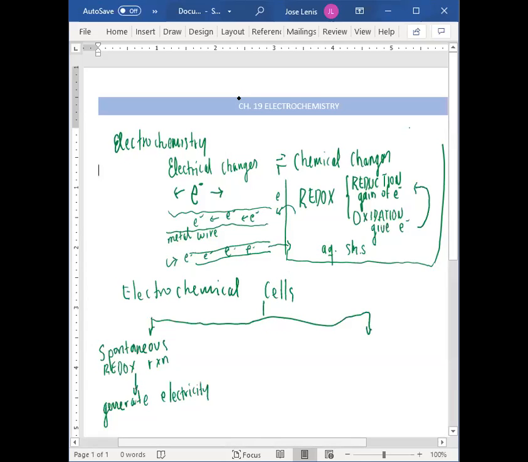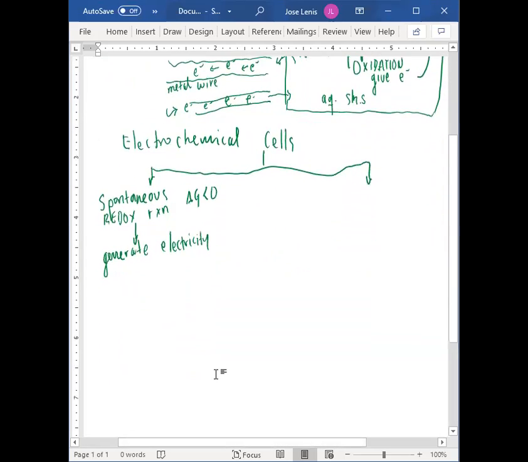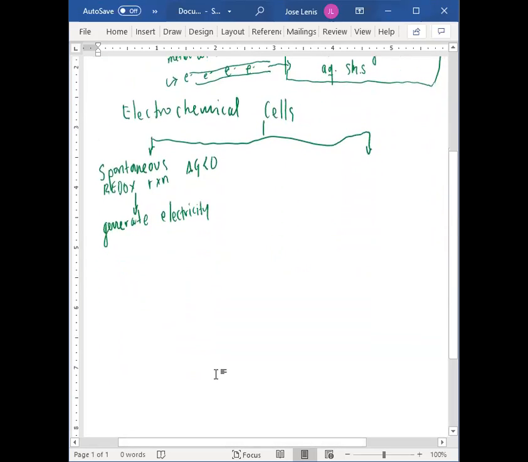And what is a spontaneous reaction? A spontaneous reaction, as we just described, is one that has negative delta G, negative free energy. This type of cells are called voltaic cells or galvanic cells.